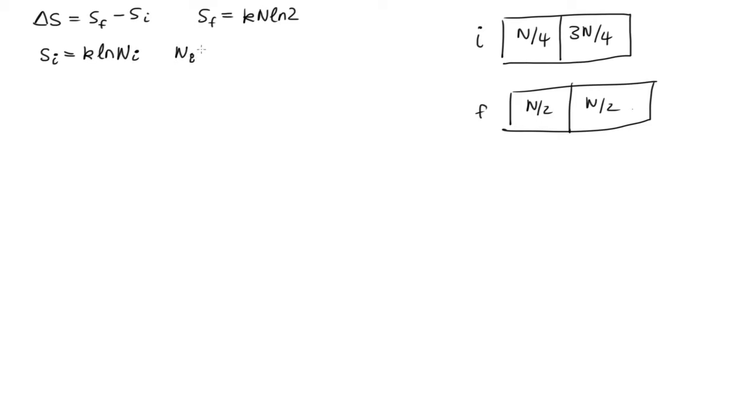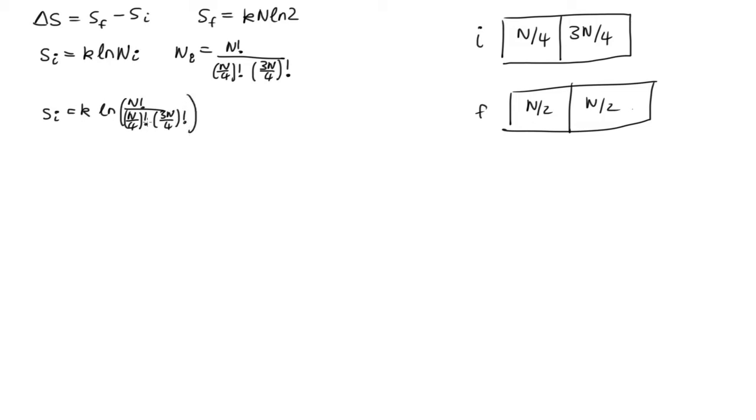And the multiplicity of configurations for the initial state is n factorial over n/4 factorial times 3n/4 factorial. So we have S initial is equal to K log of n factorial over n/4 factorial times 3n/4 factorial.